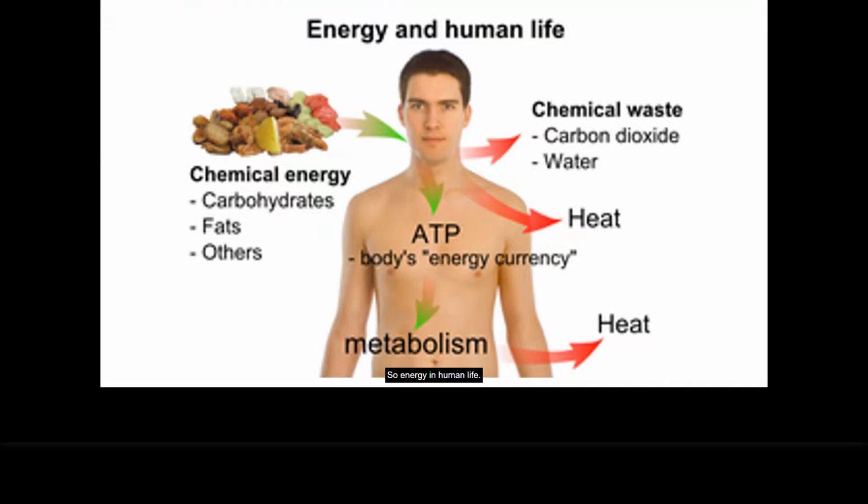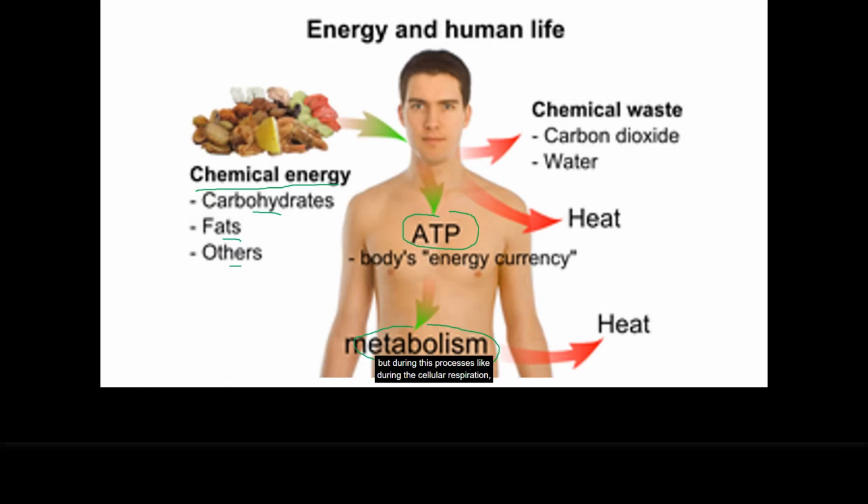So, energy in human life. When we're eating different food in here, carbohydrates, fats, and other molecules, what is happening during metabolism? Our body will produce energy, and it will use the rest for other chemical reactions.